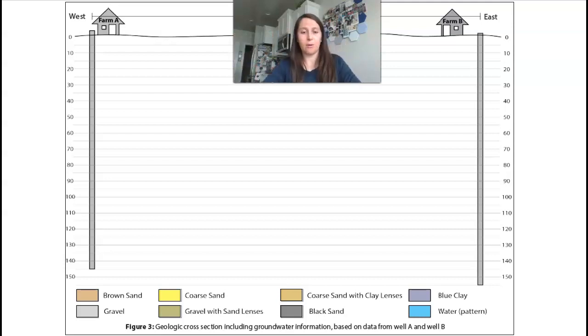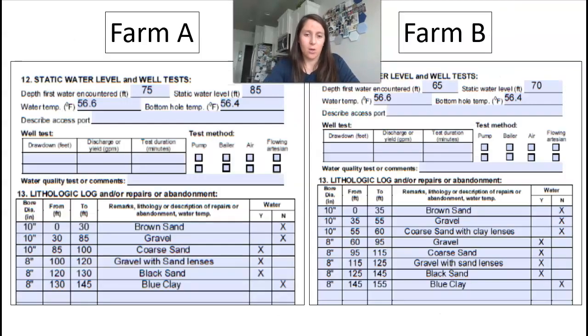But to make this a little bit faster and easier for you, I went ahead and just did one lithology at a time, correlated throughout the space, throughout the cross section. So, okay, again, the first lithology that we have from the surface downwards is going to be brown sand on both of those wells, so that's convenient.